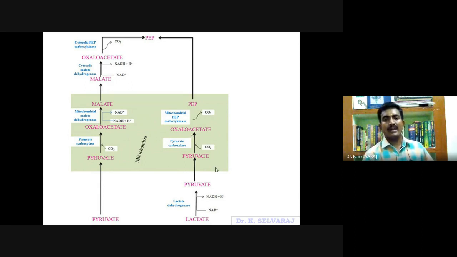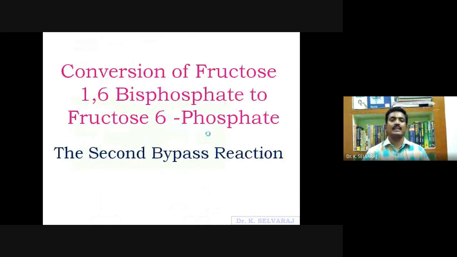Both the carboxylation and the decarboxylation help in the formation of phosphoenolpyruvate. The carboxylation helps activate the carboxykinase enzyme. The decarboxylation process helps form phosphoenolpyruvate from oxaloacetate.